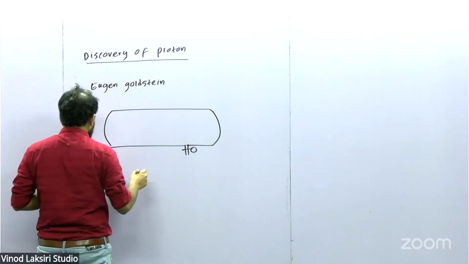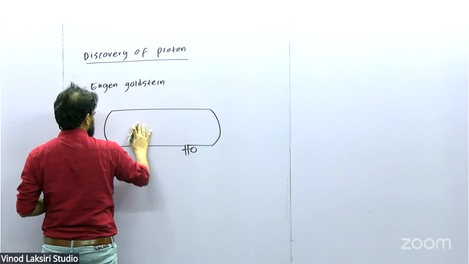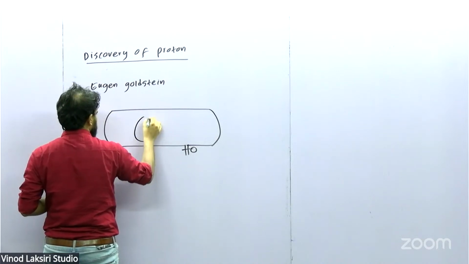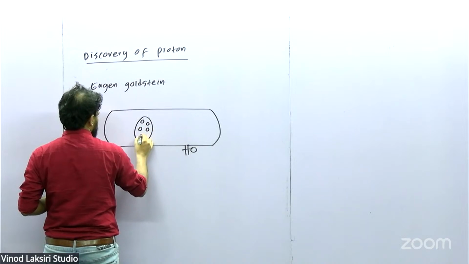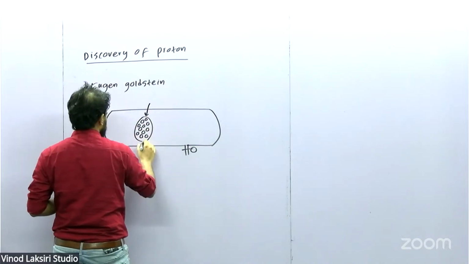And here as cathode, I will draw like this. Perforated cathode. That means cathode containing holes like this. This is known as a perforated cathode.